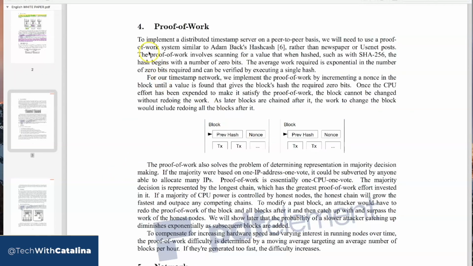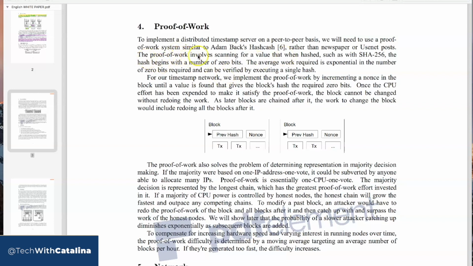Now we can read again what Satoshi wrote and see how much we can understand after the explanation that I have just given to you. "To implement a distributed timestamp server on a peer-to-peer basis, we will need to use a proof of work system." Okay, so we need proof of work in order to give security and immutability to the system.